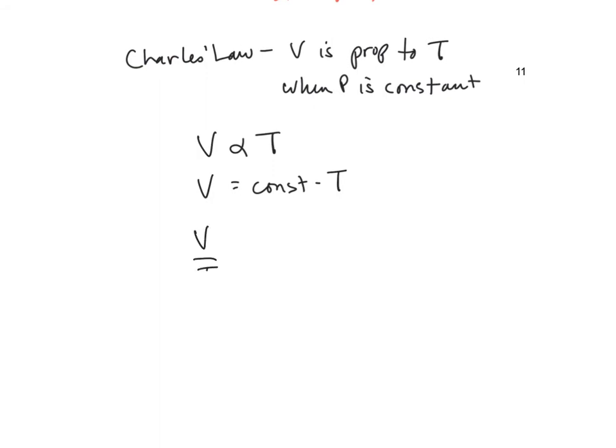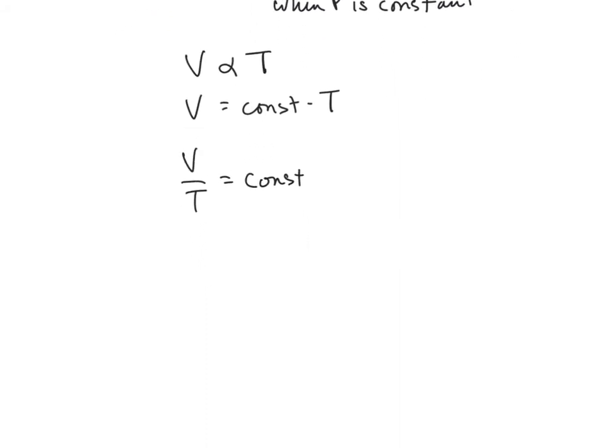And you can say V over T will be equal to a constant. And you can just take points from the graph. For any data set, you got a temperature and a volume, T1, V1, T2, V2, and so on. So you can end up with V1 over T1 equal to a constant, and V2 over T2 equal to the same constant. And this would be Charles' law at constant pressure.